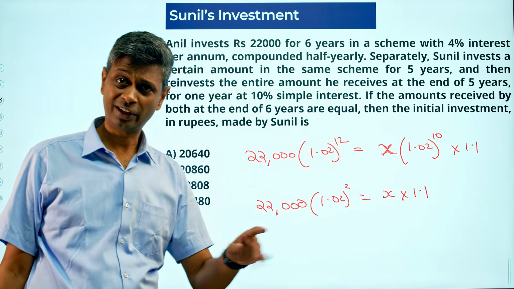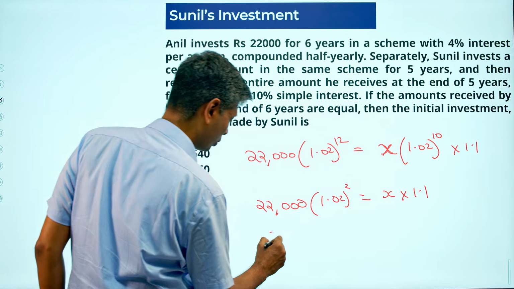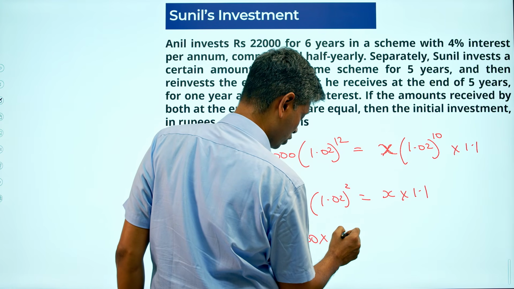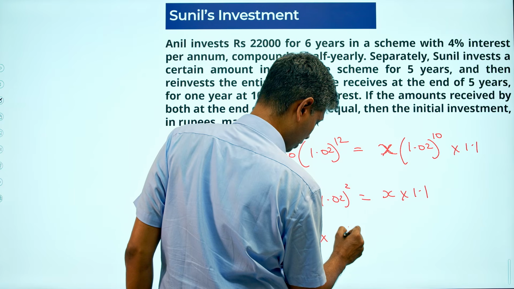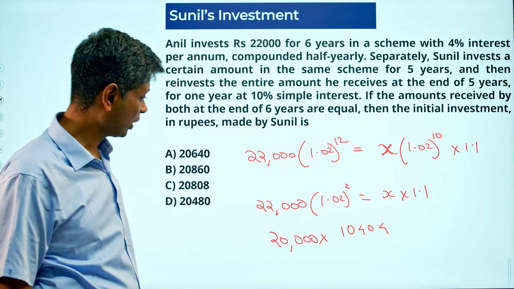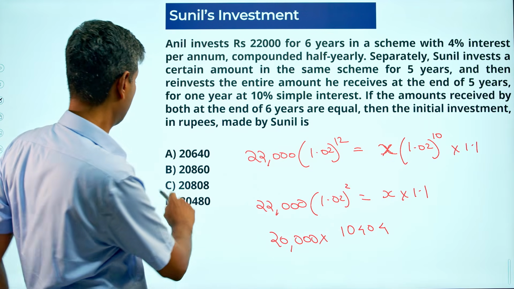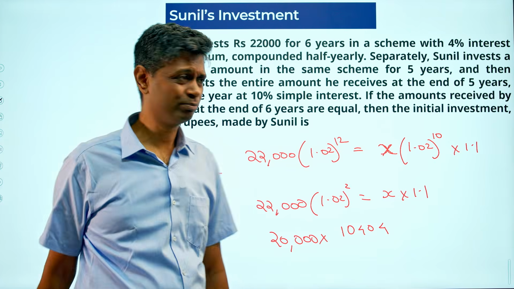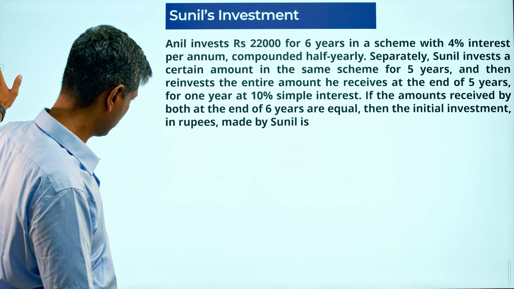That 1.1 is rather useful. Bring it here. This is 20,000 into 1.02 whole square, which I know is 10404. We're looking for 20808. Calculator, punch it and get the answer. Beautiful, simple question. We should be nailing these.